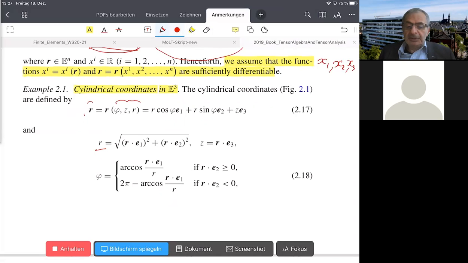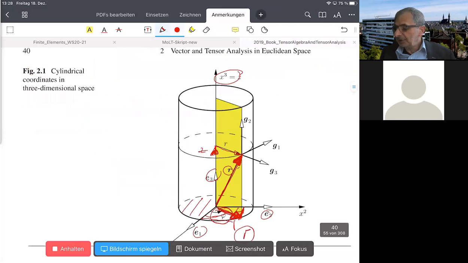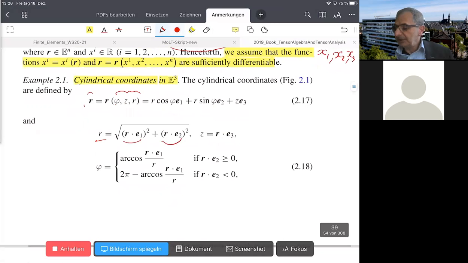We take the scalar product r·e1, then the scalar product r·e2, and then we get these two projections, and then according to Pythagoras, the square root of the sum of the squares is nothing but this diagonal in this triangle, classical Pythagoras theorem.